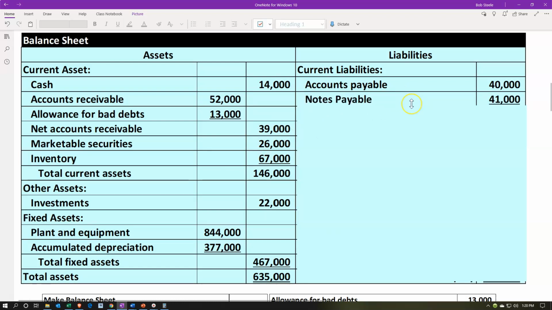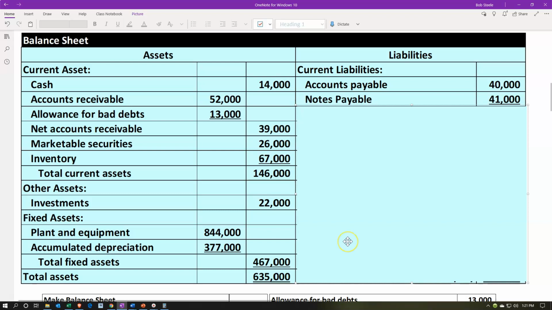So we got the accounts payable, we got the notes payable. This could be the current portion of the notes payable. Notes payable represent things that if the company needed money, needed cash flow, they can do that a couple different ways. They can issue stock, but then if they issue stock, they're giving voting right, equity interest to somebody in exchange for capital, or they can take a note, a loan out from the bank.